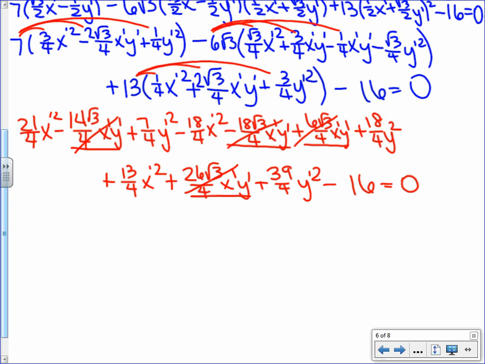We have 21 fourths minus 18 fourths plus 13 fourths, four.